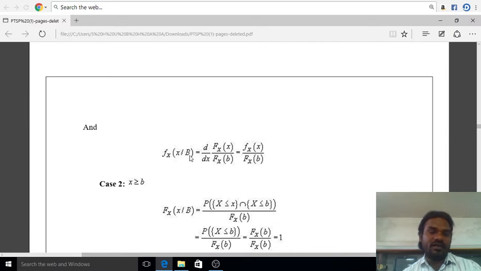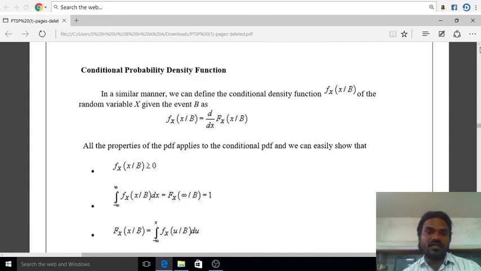is equal to, with the differentiation, we are going with the differentiation. In the last class we studied the density function f_X of x by b is equal to d by dx of F_X. We just calculated this, so we have to differentiate this to get the density function.